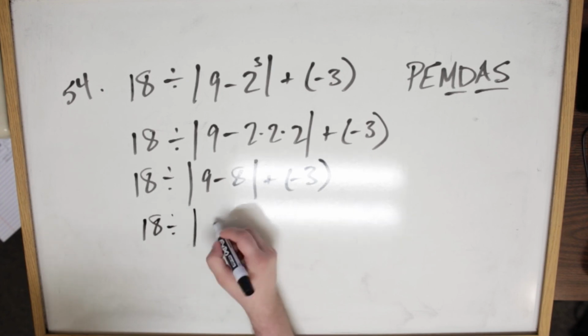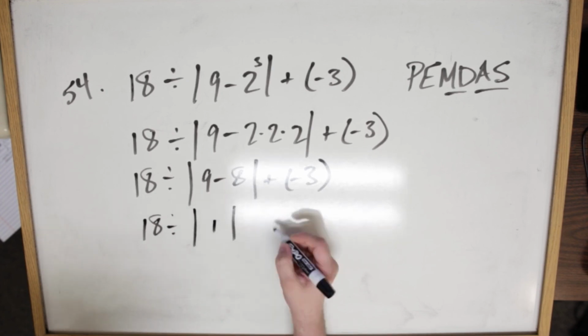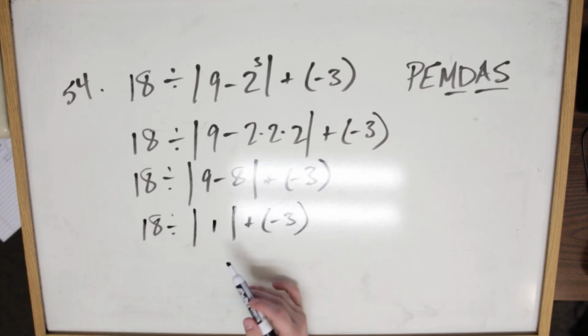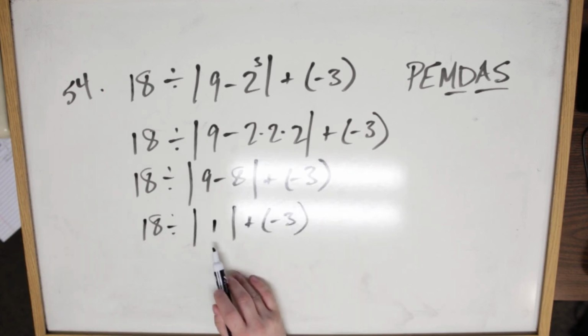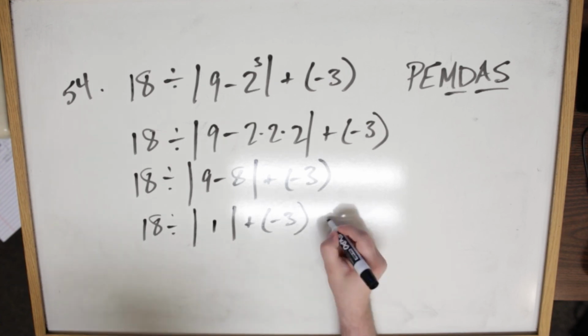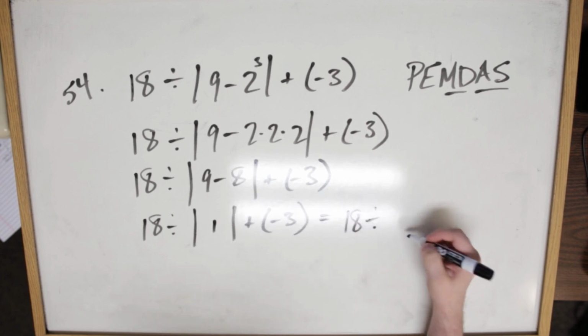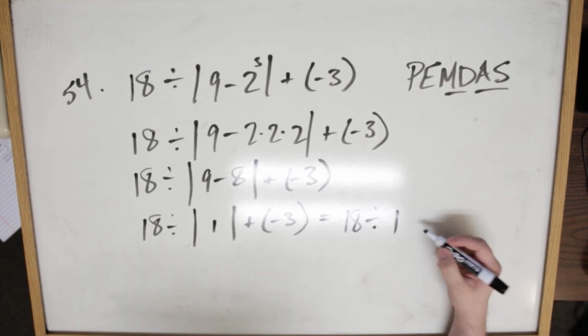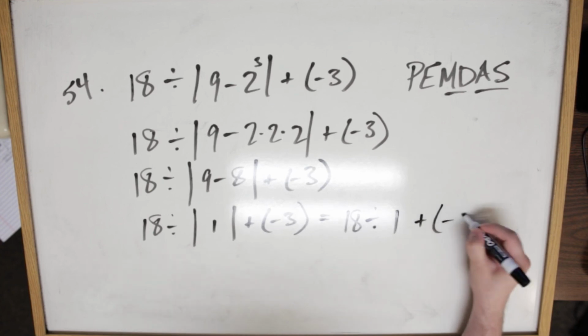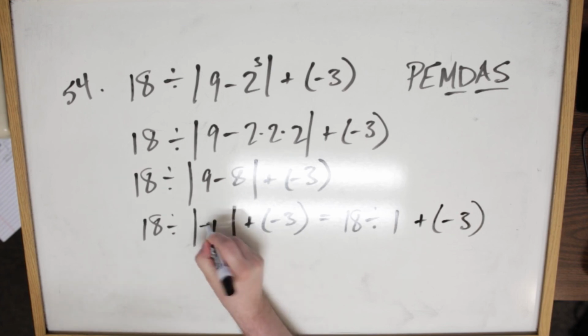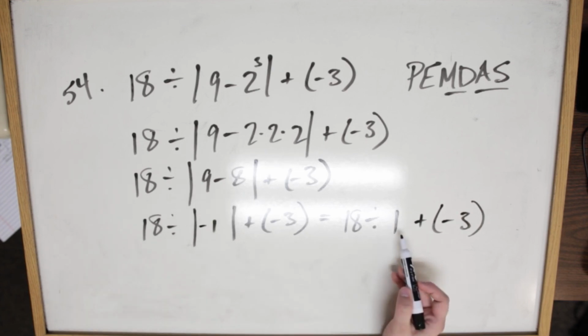Now I do the stuff inside the grouping symbols. So the absolute value of a positive 1. The absolute value of a positive number is just a positive number. So when you write it out, it's going to be 18 divided by 1 plus a minus 3. If it was, say, negative 1, this would actually be the exact same thing.